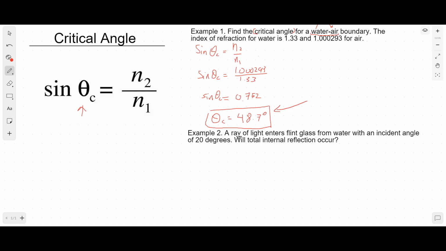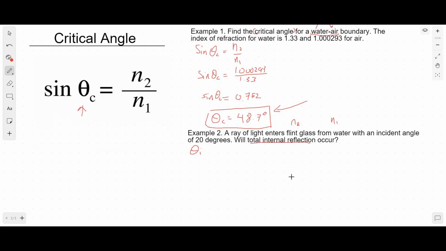Example 2. A ray of light enters flint glass from water with an incident angle of 20 degrees. Will total internal reflection occur? So we have a ray of light going to flint glass from water, and it has an incident angle of 20 degrees. Now what they want to know is if total internal reflection will occur.